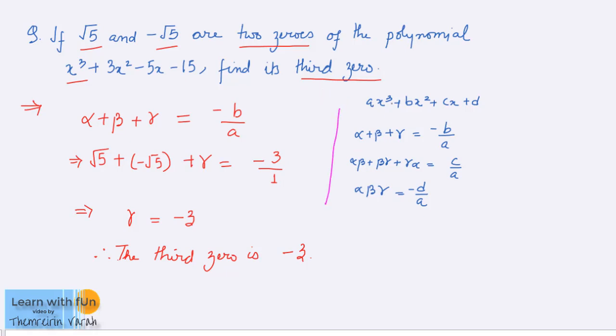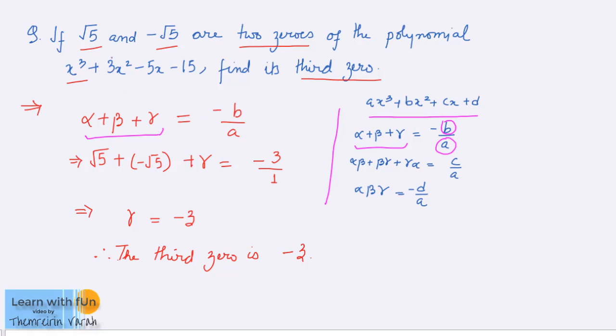Now we know for a cubic polynomial, the sum of its zeros equals minus coefficient of x square upon coefficient of x cube. Using this formula we can find the third zero. Let's say the sum of zeros alpha plus beta plus gamma equals minus b by a.